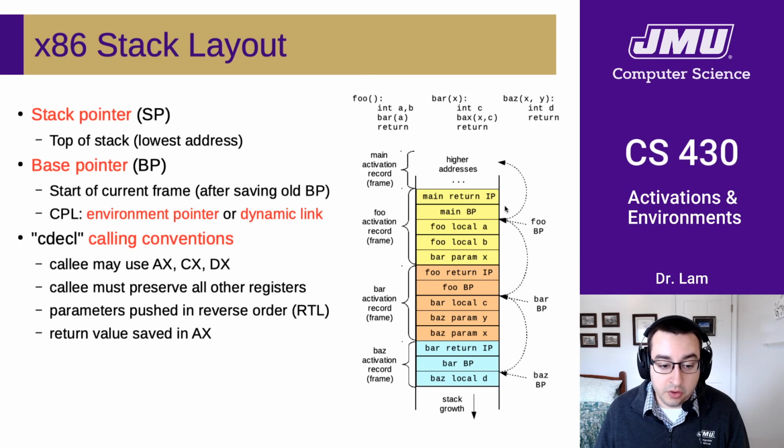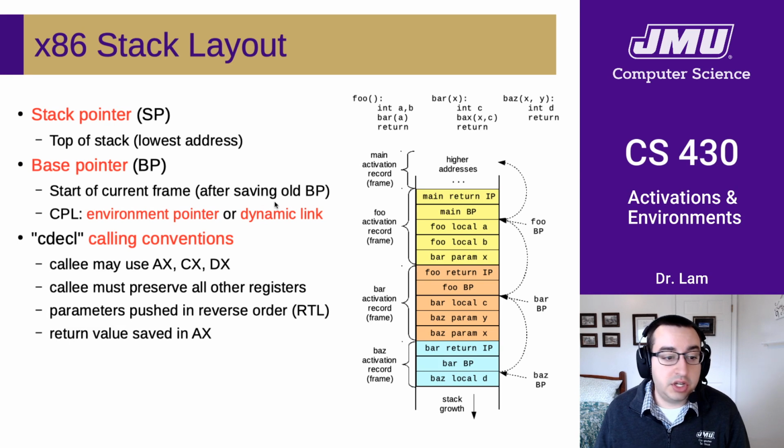So we've called foo, that's the yellow stack frame, foo called bar, that's the orange stack frame, and then bar called baz, which is the blue stack frame. So the base pointer here is what we called it in 261. Here in 430, the authors of our textbook call it an environment pointer or a dynamic link. Those are all essentially synonymous terms, and I'm going to use them interchangeably.